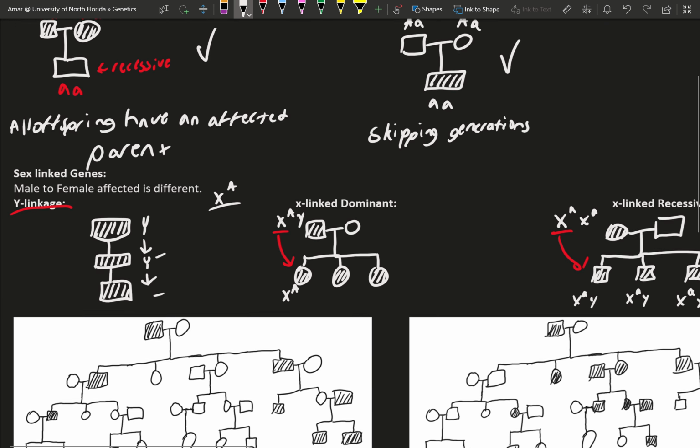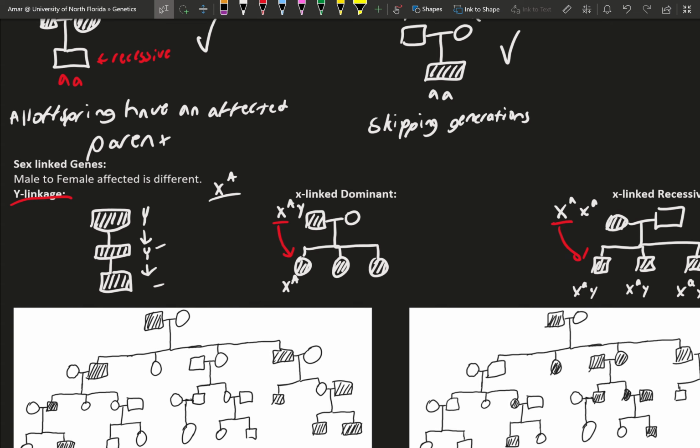For the male to female ratio, that is going to be different between the different types of possibilities. With the Y linkage, you're always going to have 100% males affected. For X-linked dominance, looking at this example right here, you're going to see more affected females than males.